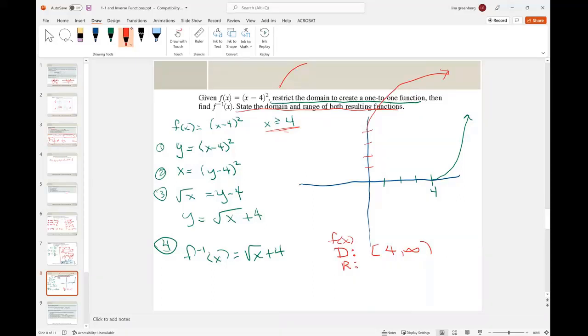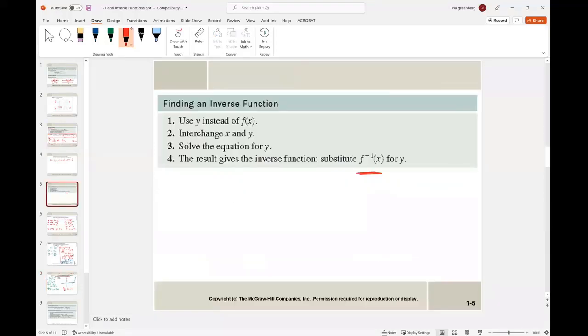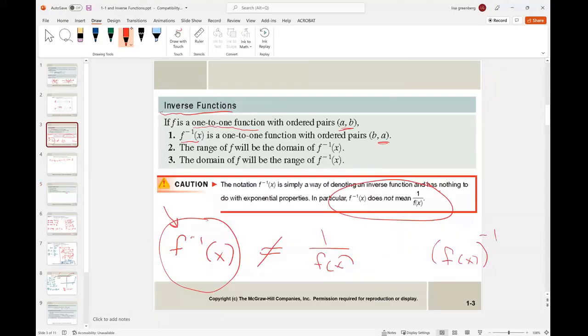Wait, I have a question. I know it says restrict the domain, but it says of both resulting functions. How do you know if it's asking for the domain and range of the restricted function or the full one? It has to be restricted because otherwise I can't have an inverse. So, inverse functions, notice how it starts off here.